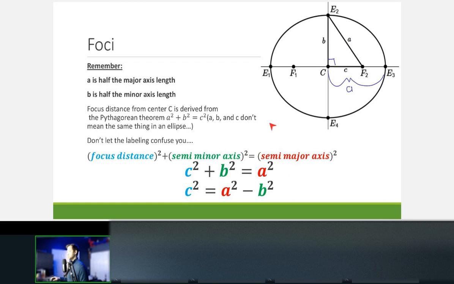And then I solve for c. So if you know what a and b are, we can solve for the distance c. Pretty easy. Basically if we knew any two, a or b, or c or b, or c or a, we could find the third missing side.